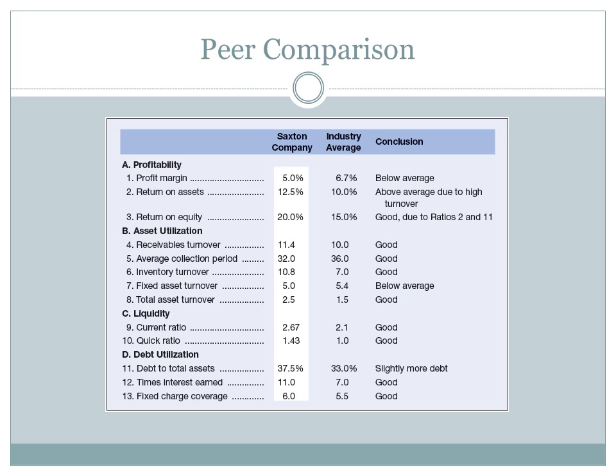For example, the profit margin for the company is 5%, compared to the industry average of 6.7%. And you can make a conclusion about how the company manages its assets and how the company makes profit.